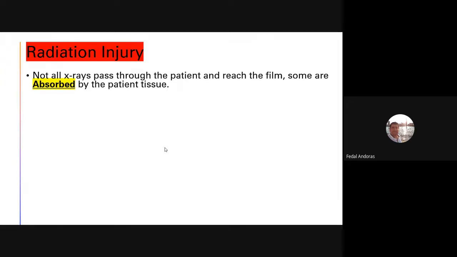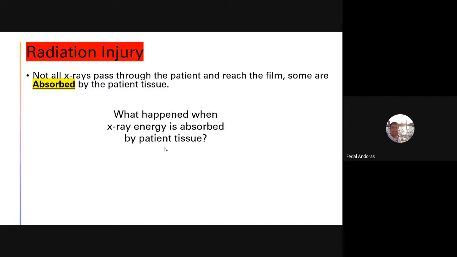Because when we take a radiograph, the aim, the desire, the hope is for all the X-ray photons to pass through the body and hit the film to get a radiograph, an image. But unfortunately, this is not the case. Some of these are absorbed.